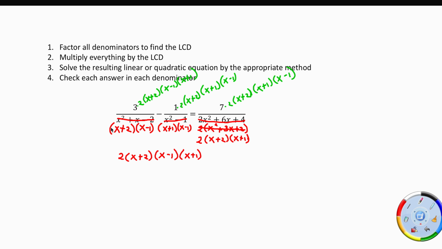On this first term, the x plus 2 and x minus 1 can divide out, which leaves us 6 times x plus 1.